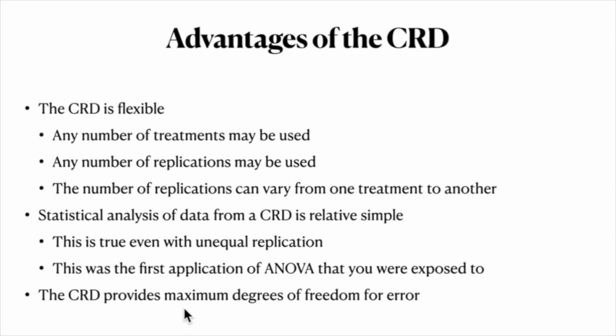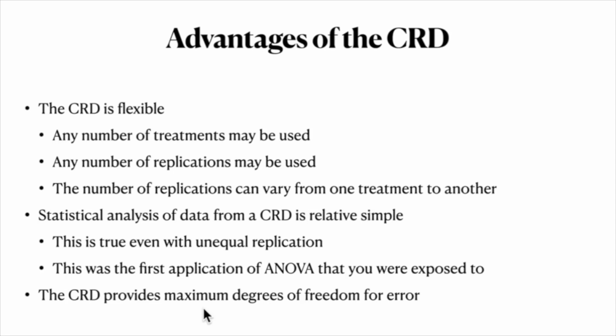Having more degrees of freedom for error lowers the corresponding critical point from the F table, and so that's going to make it easier to reject the null hypothesis, and so it gives the test more power. So completely randomized designs, from the standpoint of degrees of freedom, have at least the opportunity to be more powerful.